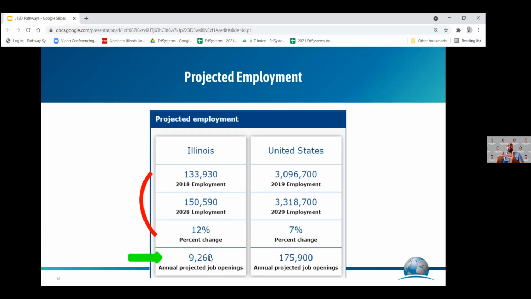So annual openings mean people either leave the profession or retire, but also sometimes people just keep the job and change to a new location, right? So maybe I work at one hospital system and then I change to work at a different one. That is not a change in growth of the profession. That's just the churn of employees in that profession, right? The actual increase is this percent change right here.